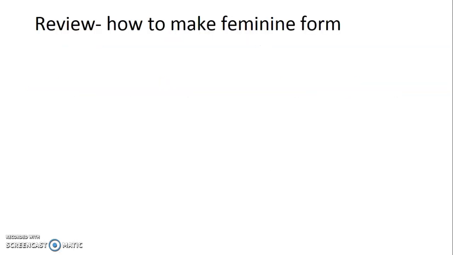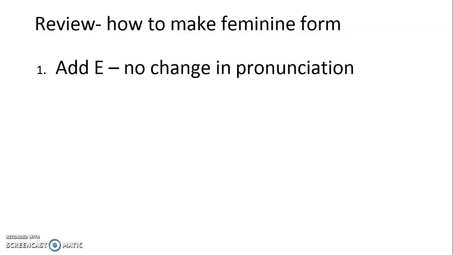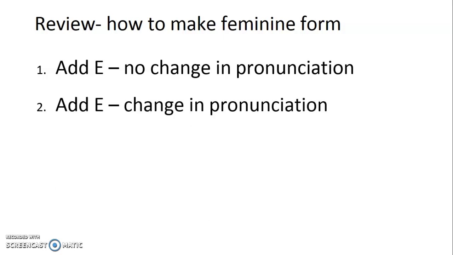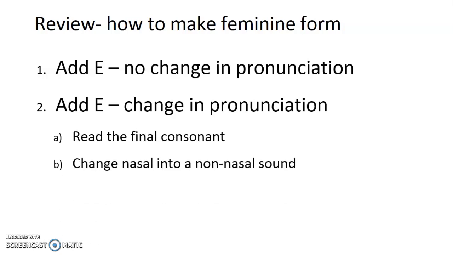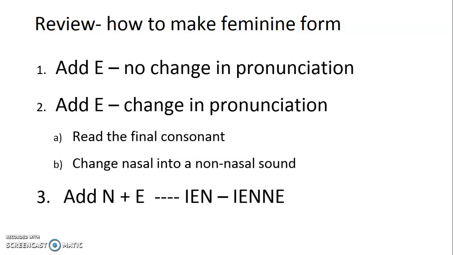Now let's review. How do we make a feminine form? Well, we add an E. Sometimes there is no change in pronunciation, like espagnol, espagnole, or we add an E, but there is a change in pronunciation, where you read the final consonant, like allemand, allemande. Or when a nasal changes into a non-nasal sound, like américain, américaine.